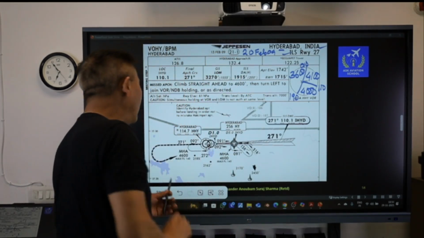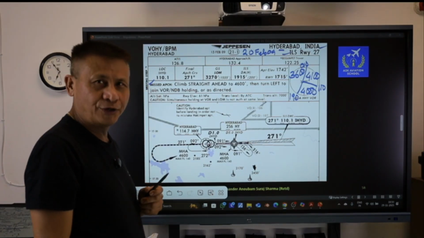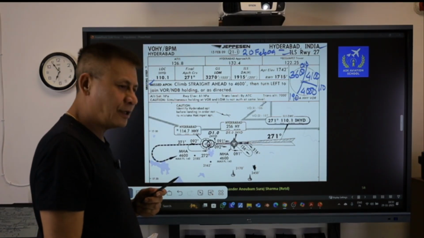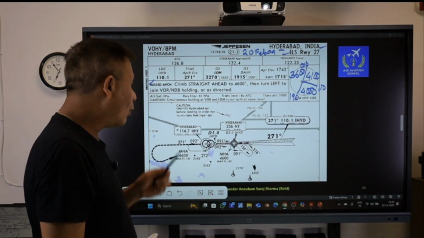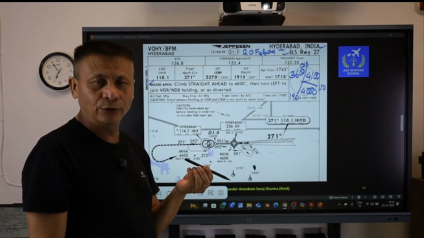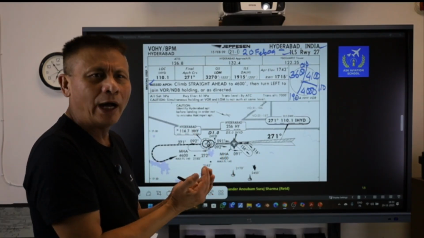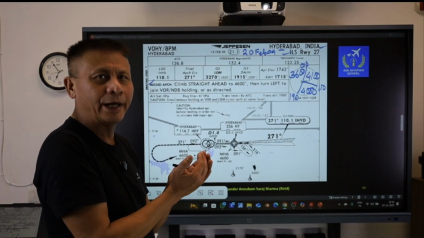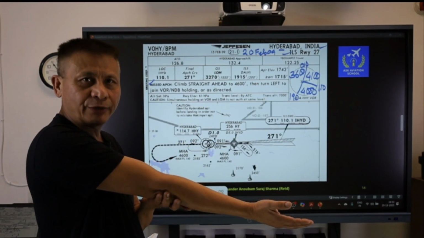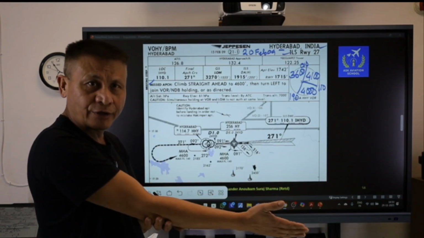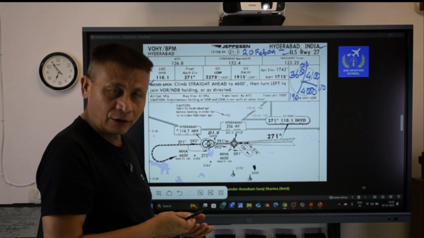Let's move on further. This shows you the misapproach procedure. Misapproach procedure is carried out at your minima. Once you reach the minimum altitude up to which you can descend, at that point of time, I am required to identify that particular airport with visual references. These visual references may be the approach lighting system, the lightings onto the runway, or the markings onto the runway.